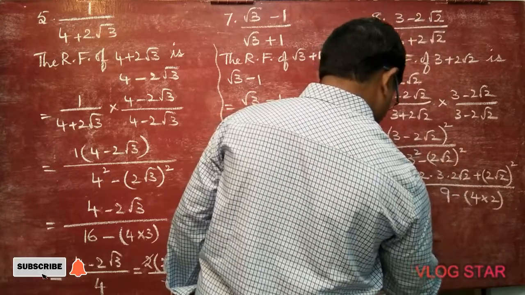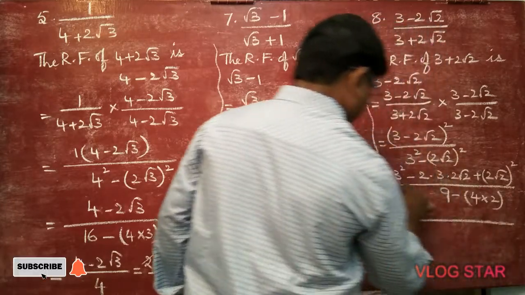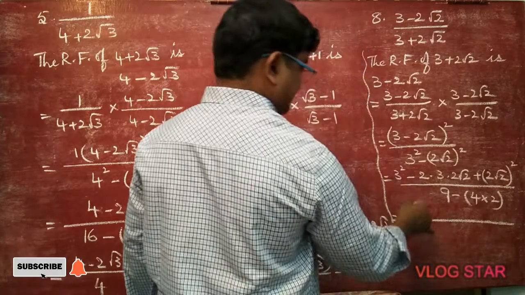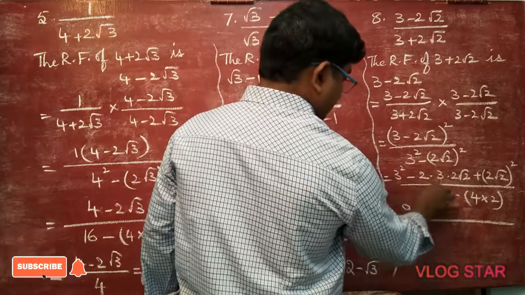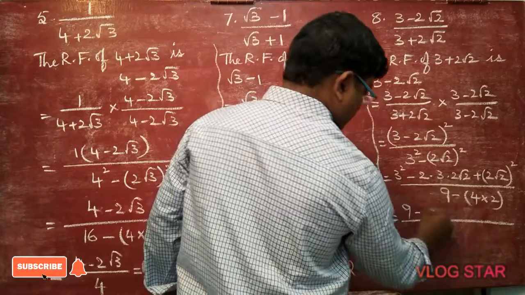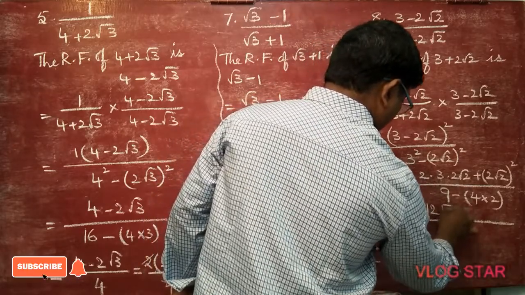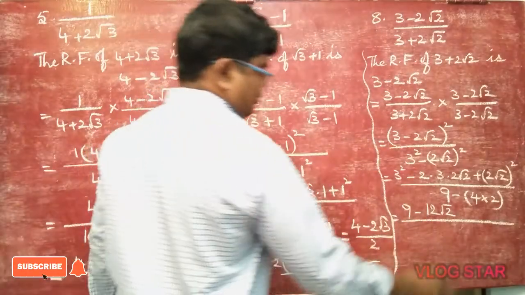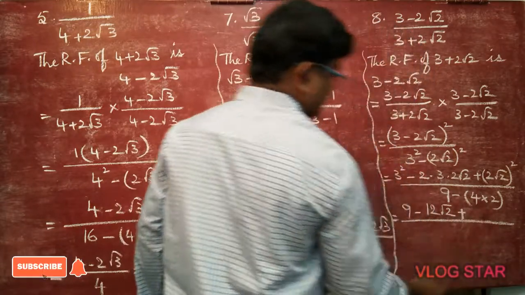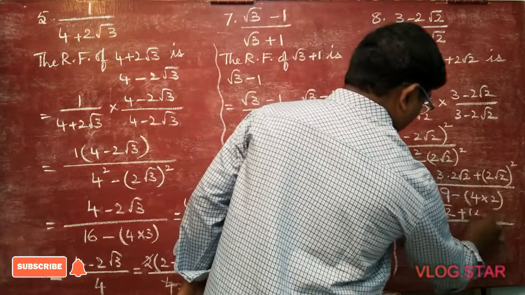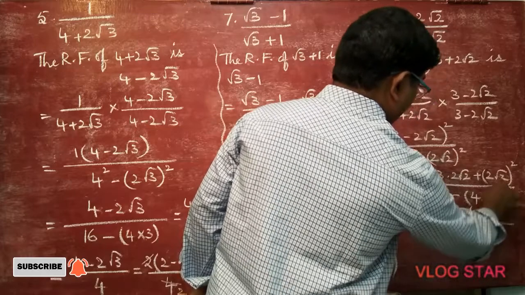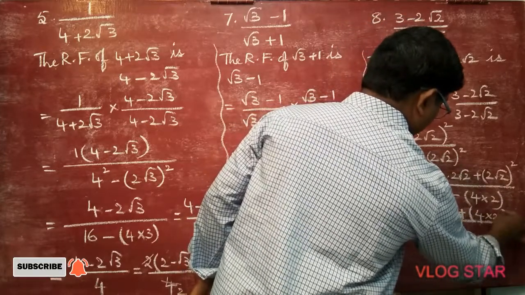Now that is equal to 3 3s 9 minus 2 3s are 6, 6 2s 12, 12 root 2. Able to follow? Plus 2 2s 4, root 2 into root 2 is 2.